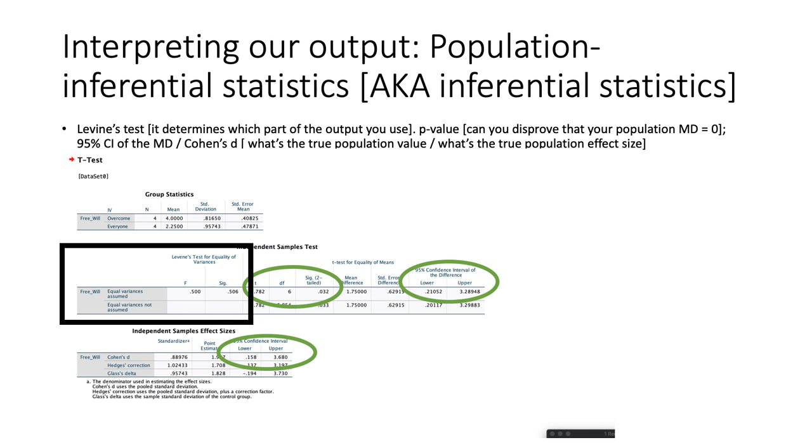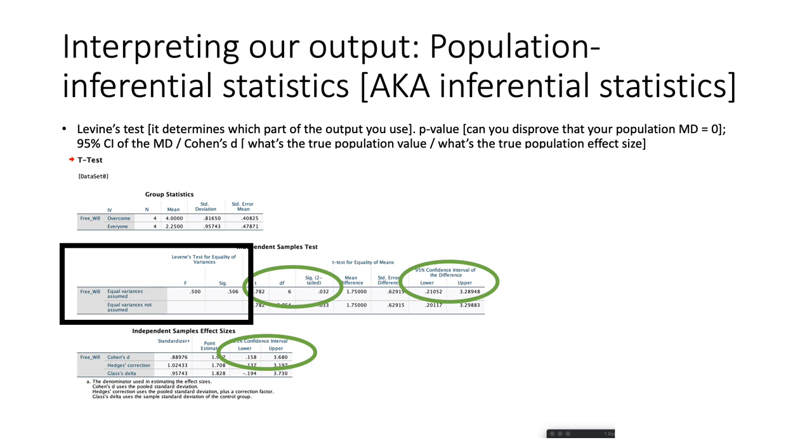This p-value is telling us if the true population mean difference for standard deviations is 0 or not, essentially. If p is less than 0.05, we say that our variances are not the same, so we use the bottom row.